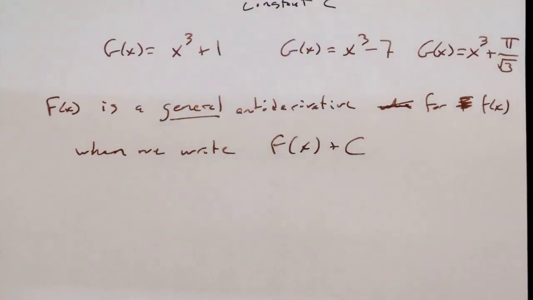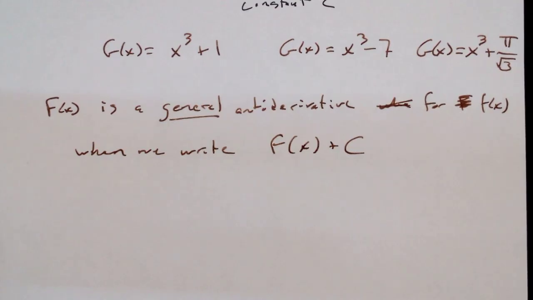A general antiderivative is just written with a plus c at the end. I don't know what that constant is. That will depend on the situation I'm looking at. But in general, I'm just going to put a plus c. We'll figure it out later.